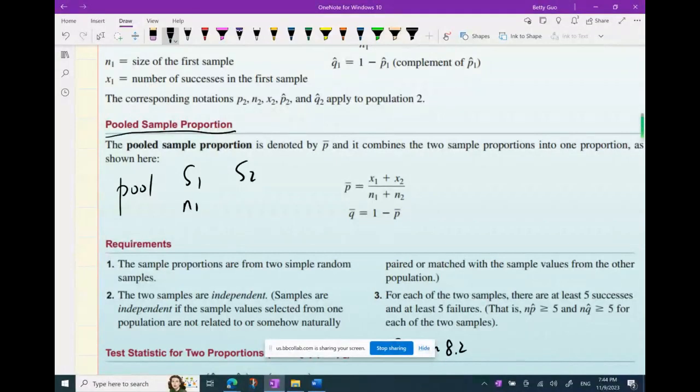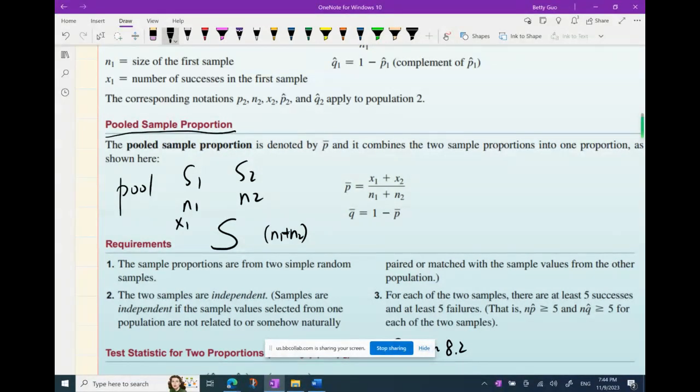Let's say we have N1 values from sample 1, and N sub 2 values from sample 2. We put them all together and make a bigger sample, like mixing them all together. Then the bigger sample would have a size N1 plus N2.